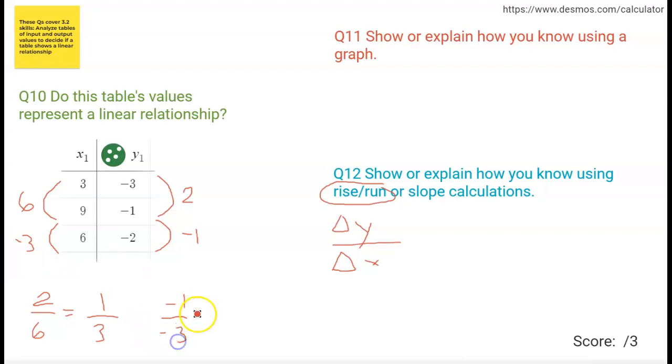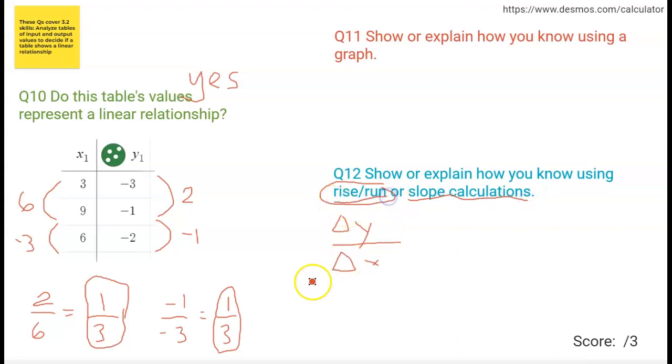If I divide the numerator and the denominator by -1, I get 1/3. I could also think about it this way: a negative divided by a negative is a positive, so those two negatives sort of disappear. So we have a slope of 1/3 and a slope of 1/3, so yes, this is a linear relationship. I just showed that using slope calculations and rise over run.